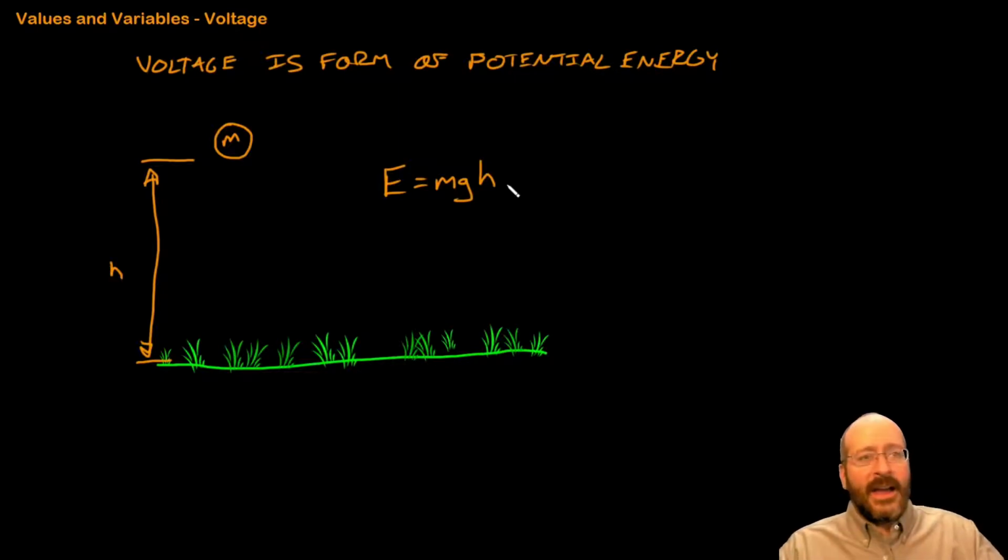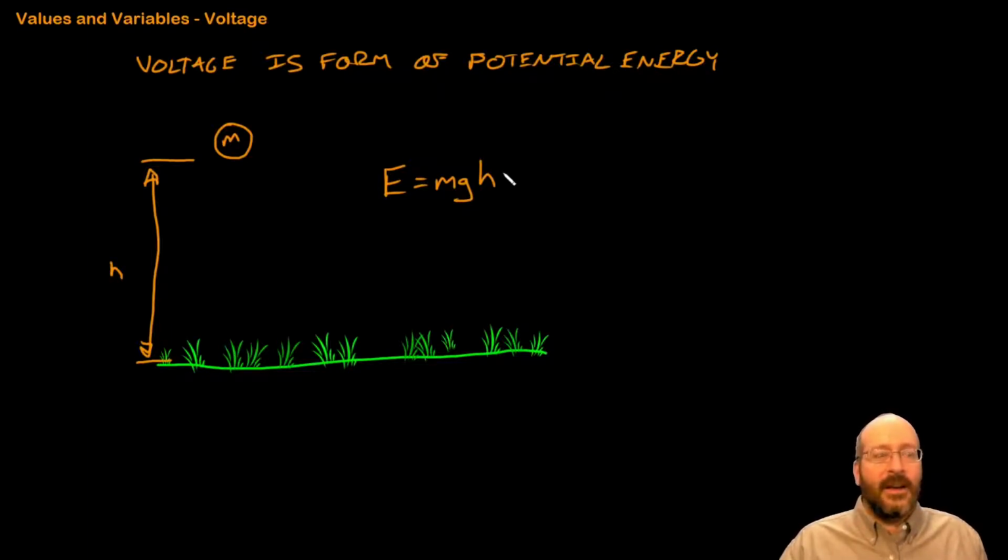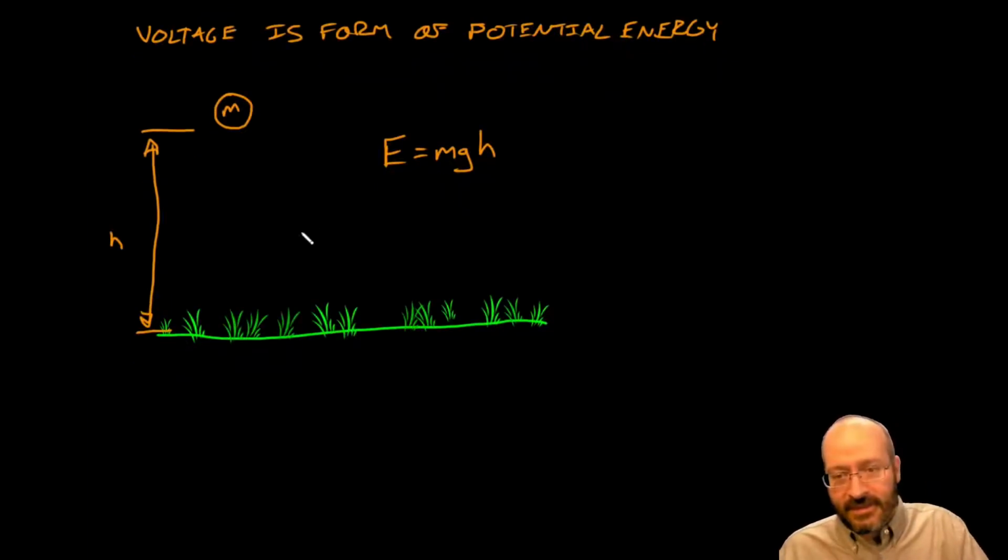Voltage is not horribly different from this. We have to measure the distance from the object to some reference point, and the reference point here is going to be our ground.